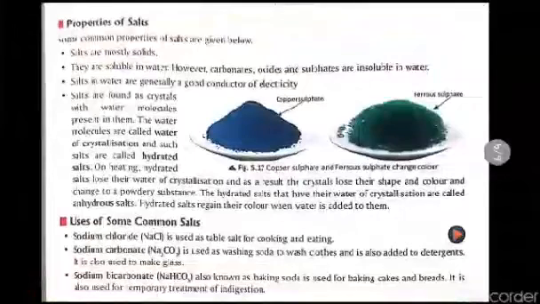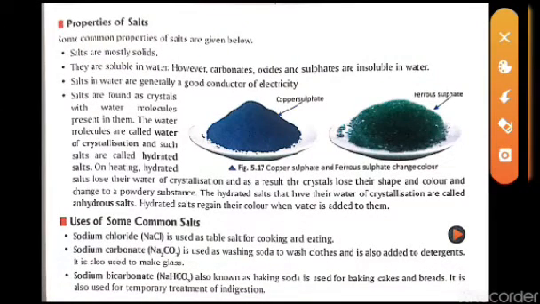Okay, now we are having the properties of salts. Let's see what the properties of salts are. Salts are mostly solid. The word mostly is used because they can be found in liquid form, but mostly they are found as solids.